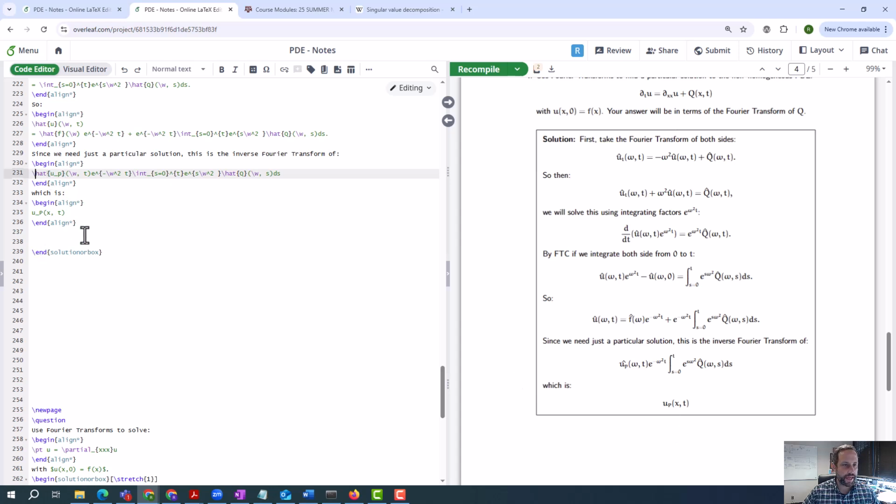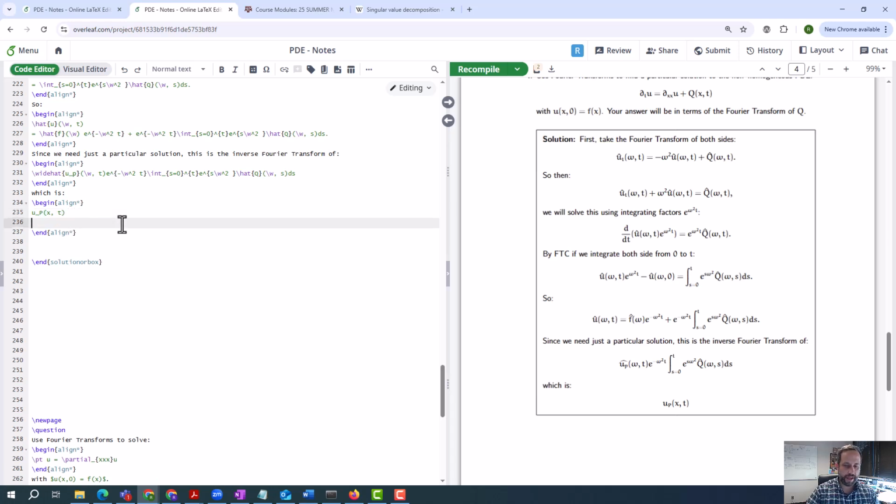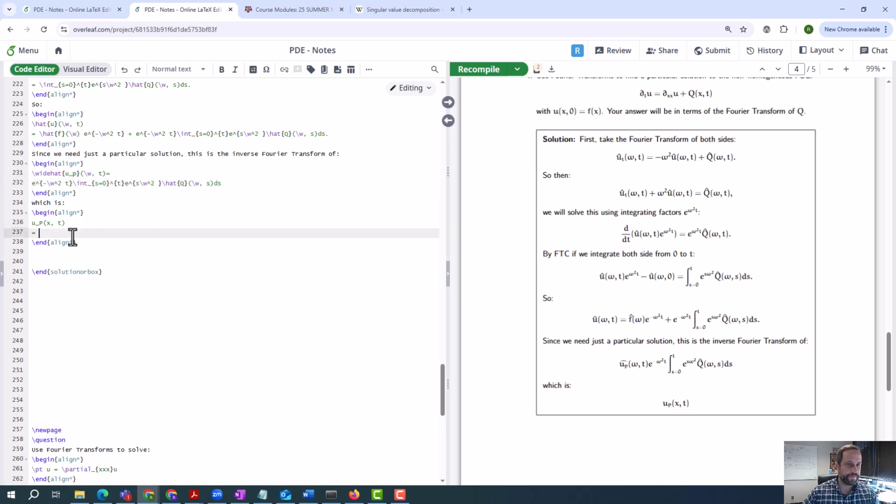Okay, I think I need to do wide hat to put this properly. There we go. So for u p of x t, all we're going to do is use the formula for the inverse Fourier transform. It's just going to be the inverse Fourier transform of this whole thing here.